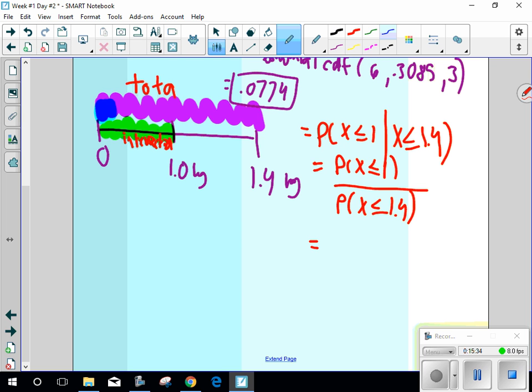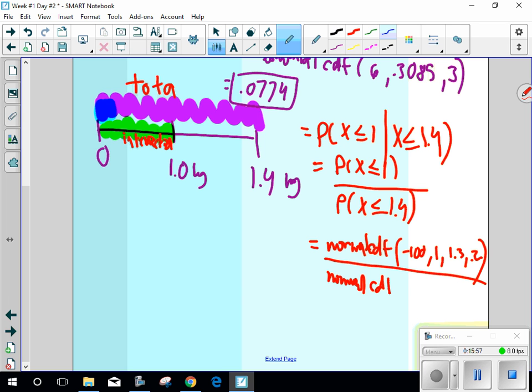We're going to use normal CDF. And we're going to go low as -100 up to 1. And then it was 1.3 comma 0.2 over normal CDF, -100 up to 1.4 this time. 1.3 is the mean, 0.2 is the standard deviation, and I need your help there.